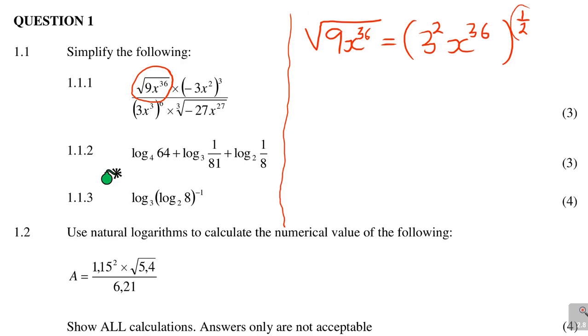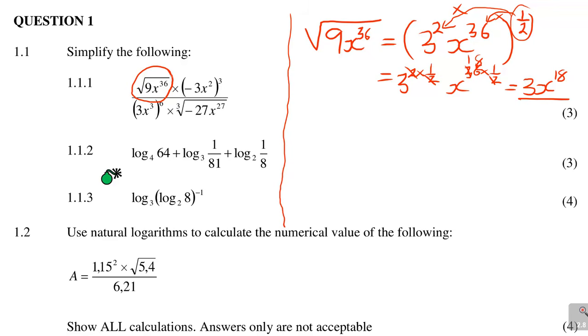Now this power half multiplies each of the powers. So this will become 3 to the power 2 times a half, x to the power 36 times a half. You see what it means? Then the 2 and the half cancel, so you have 3x. The half of 36 is 18, so it's x to the power of 18.